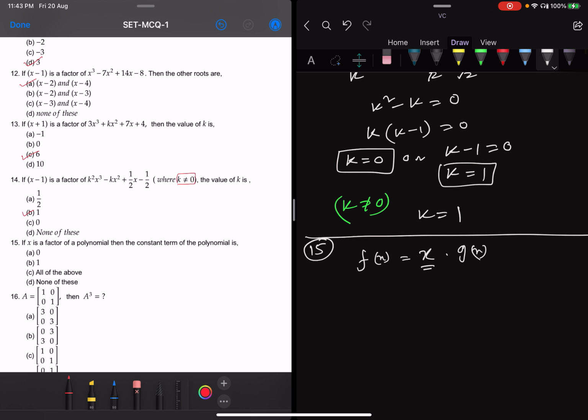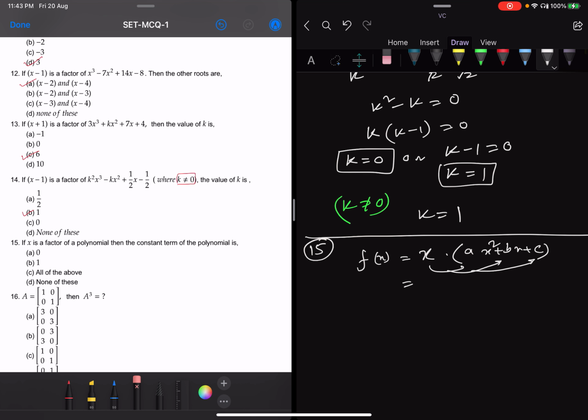As x is a factor of a polynomial, then the constant term is, there will be no constant term. Why? Because say g(x) is ax square plus bx plus c, like that. And if you multiply it by x, then every term will contain x.